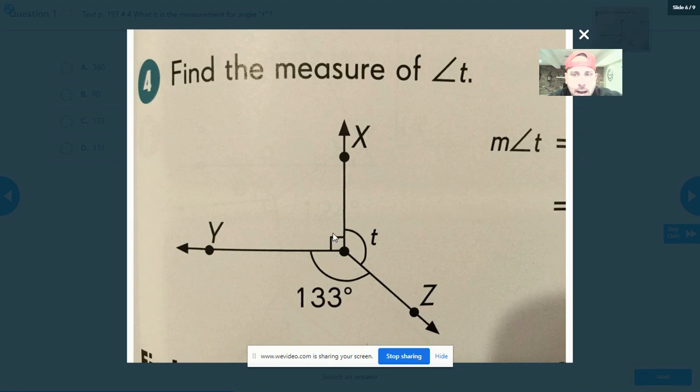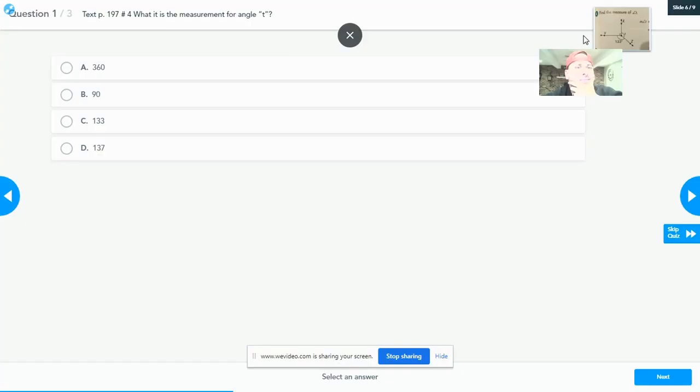So if you added up your 133 and your 90 and you subtracted it from 360, what would you get? Well, I know it's not 360, and I know it's not 90. So it's either 133 or 137. Going to give you a minute to work this one out.